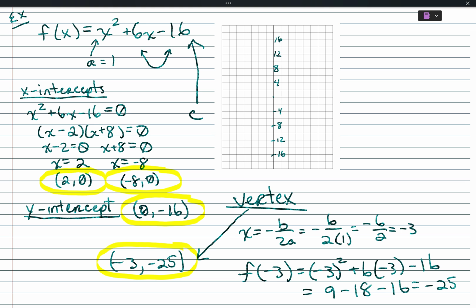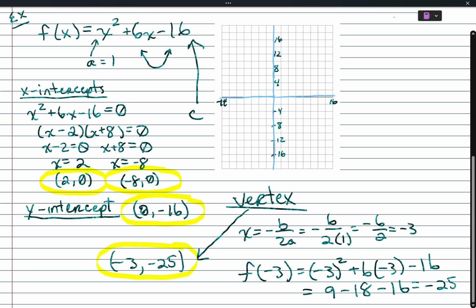Right? And then I'll go in the other direction by twos as well. 16. It looks like it only would allow me to go up to 14 in that direction.